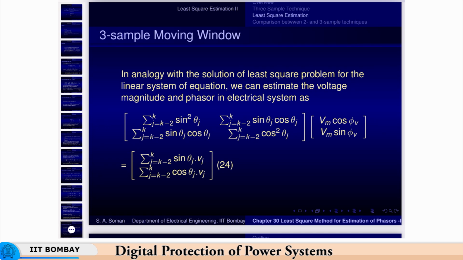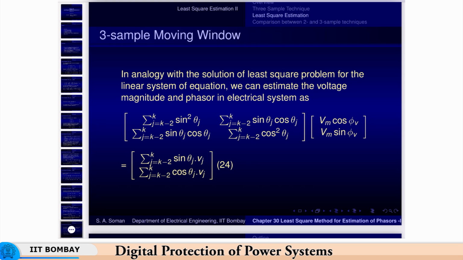And then we have B, the measurements, the Vj's, which are Vk minus 2, Vk minus 1 and Vk. Okay. So, this is A transpose B.